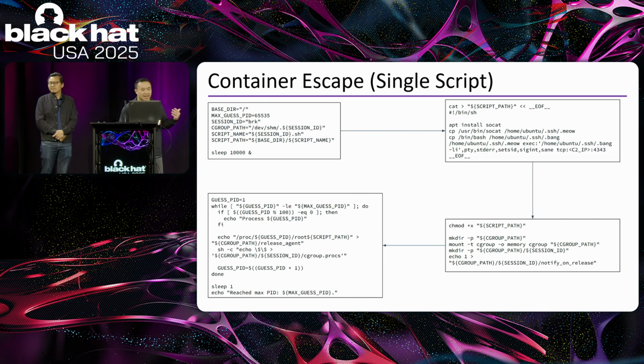Finally, the last snippet abuses the release agent by writing a path inside the guest process root file system as the release agent. Since containers have isolated file systems, using /proc/PID/root lets attackers reference their container path from the host context.